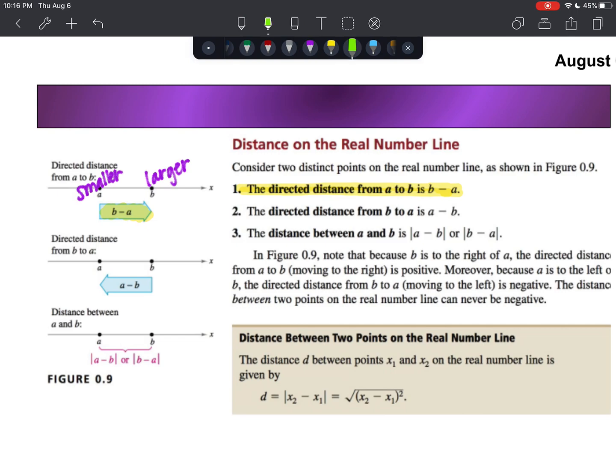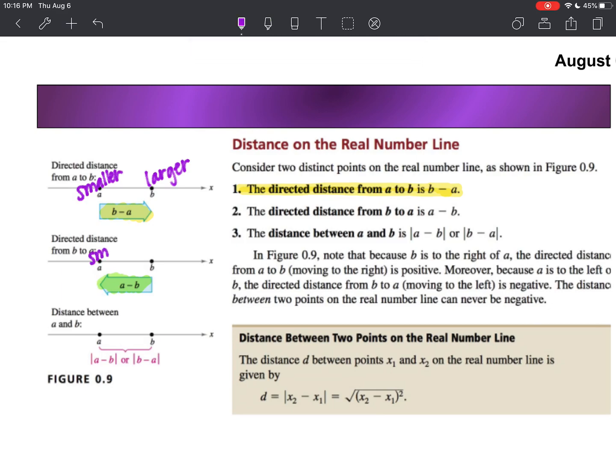The directed distance from B to A, going backwards, again, you still have the smaller number on the left and the larger number on the right, but going from B to A, the directed distance is A minus B. So you're going to take the smaller number minus the larger number, which is going to give you a negative value.